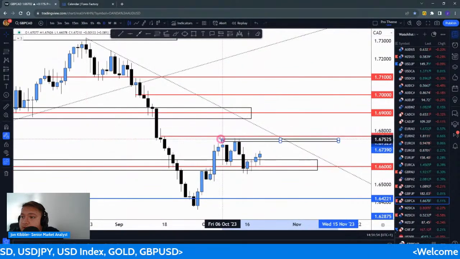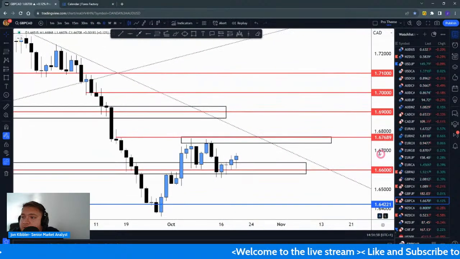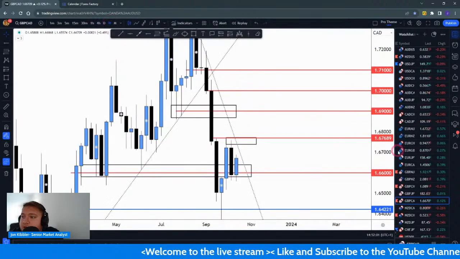Let's have a quick look. We've got these highs that price may be heading towards. Let's have a look at the weekly chart here.